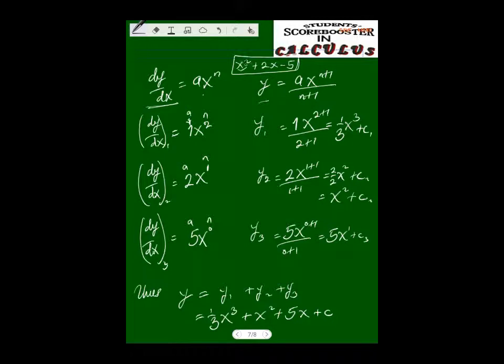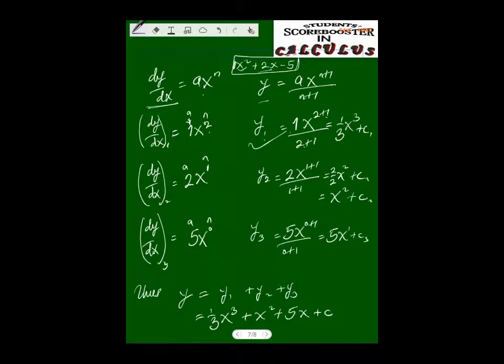And if you are going to write this one, to find your a, you put 1 here. That is why I have the first one, dy dx, first one is 1x squared. So my a is 1, my n is 2. So if I come here now, it's going to be 1 x raised to 2 plus 1 over 2 plus 1, and that will be 1 over 3, since 2 plus 1 is 3, then x cubed plus c. That is the first one.